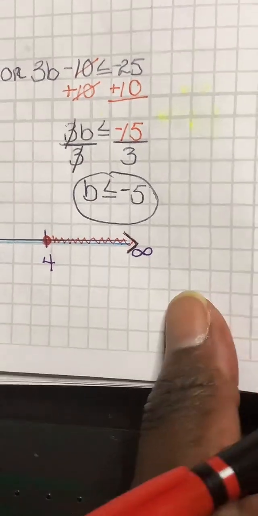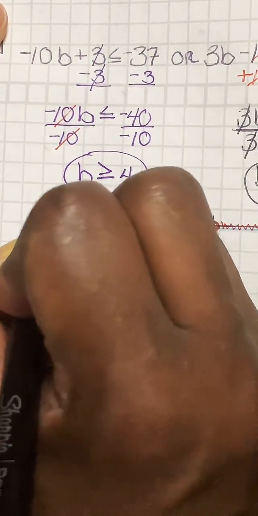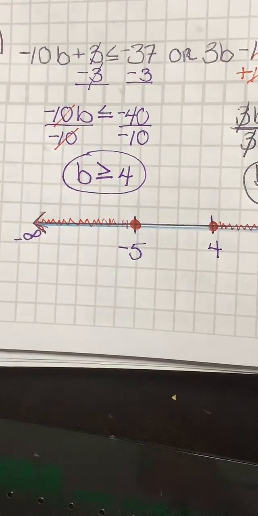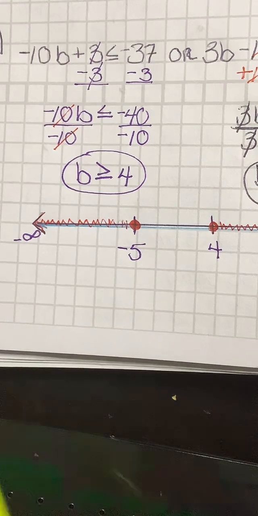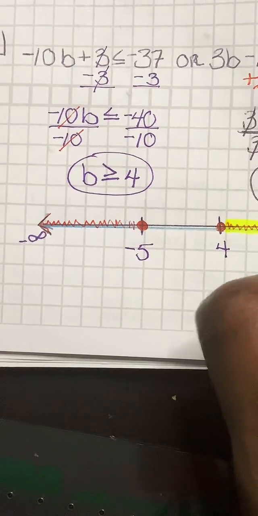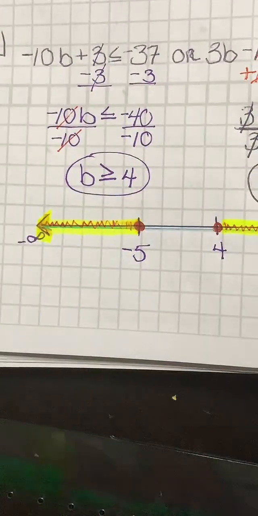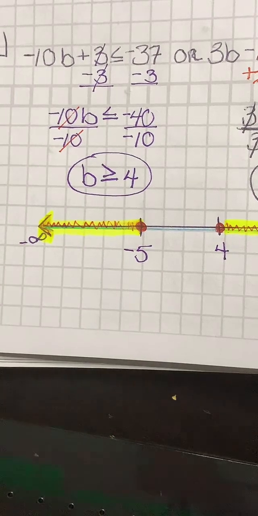So at -5, we're dealing with less than, so it's shading away. They're going into 2 separate directions. One's going this way, the other one's going this way. Okay.